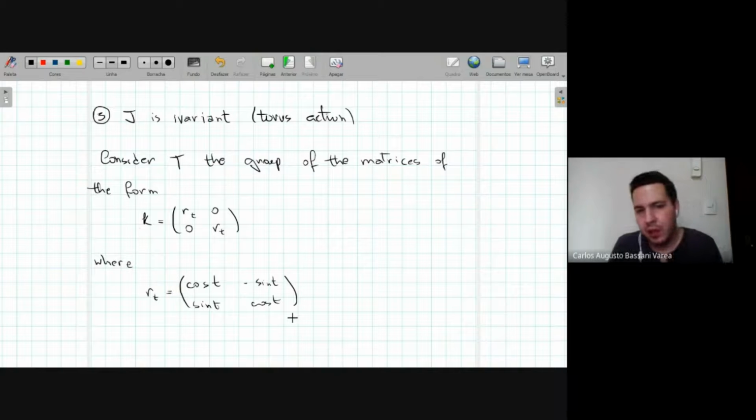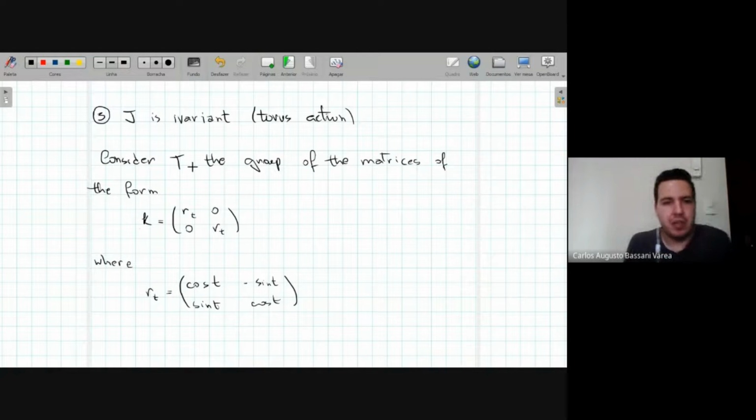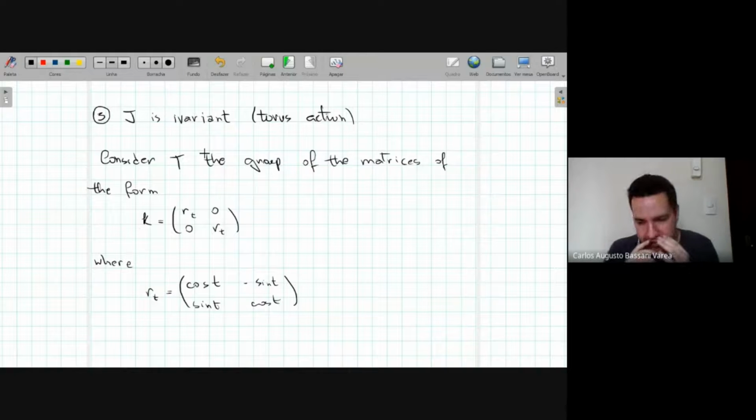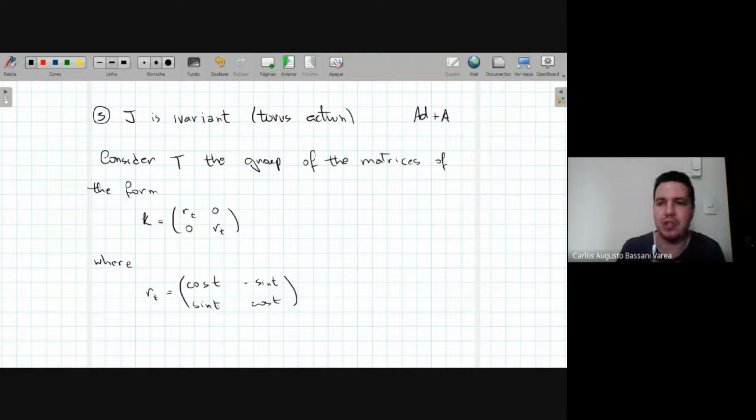Why are we going to consider this group T here? Because remember that we are working with the space plus its dual space, so the adjoint representation here is adjoint plus coadjoint.